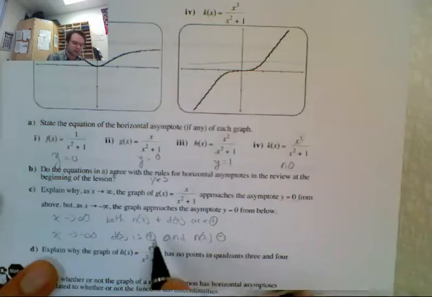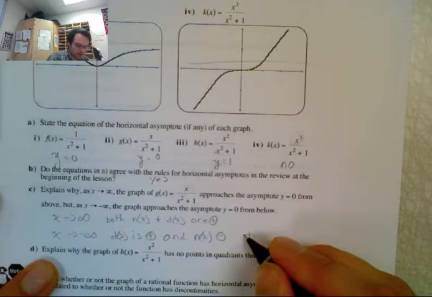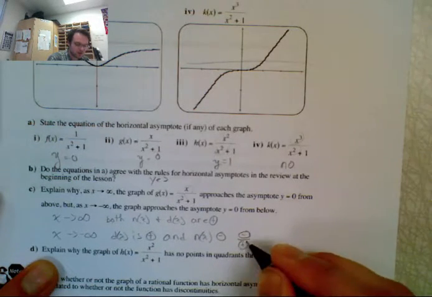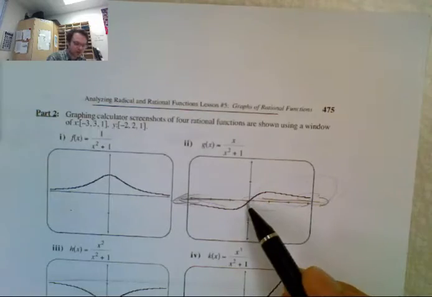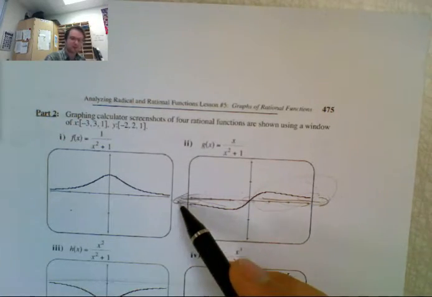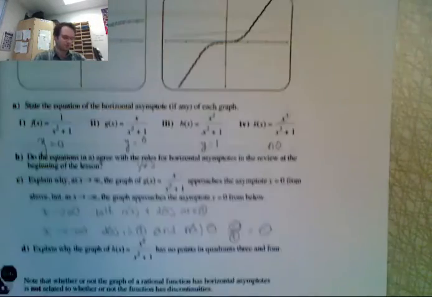So a positive divided by a negative, or a negative divided by a positive, is always going to equal a negative. So that means it's always approaching from below. And as we get closer to 0, it is bigger, and then it gets infinitely closer.